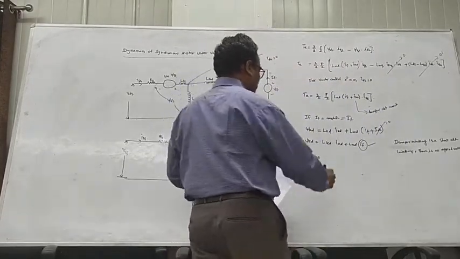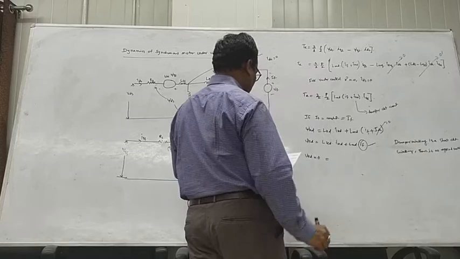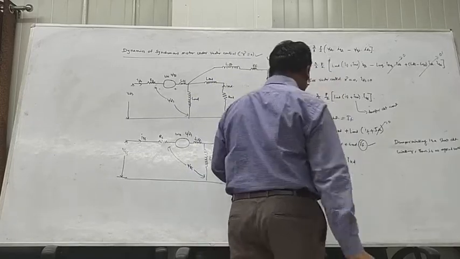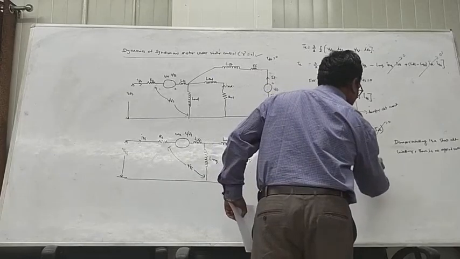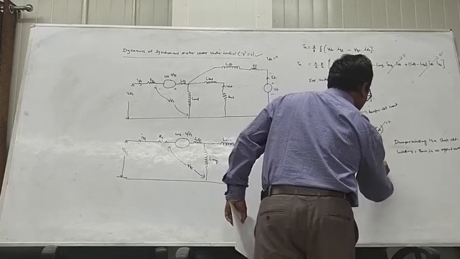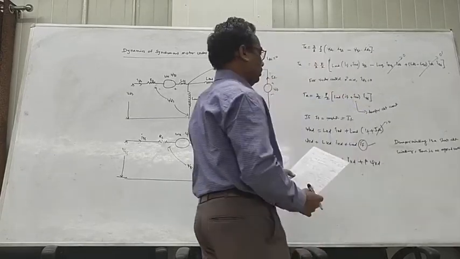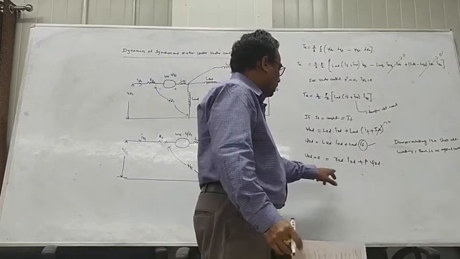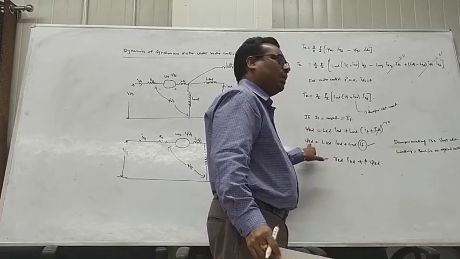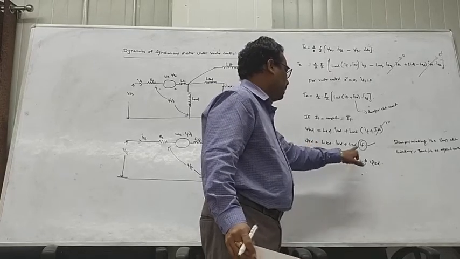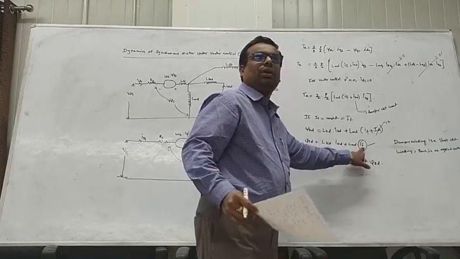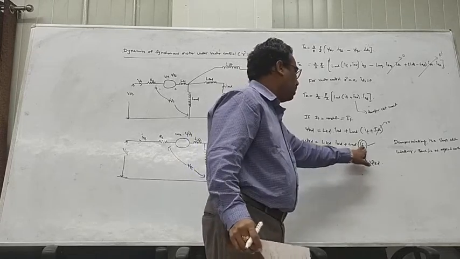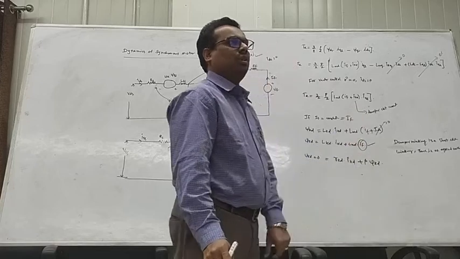So if you write down VKD, that is equal to RKD into IKD plus d by dt of psi KD. In the psi KD term, this IF is constant, so if you differentiate psi KD, it is a constant value and this term is equal to 0.